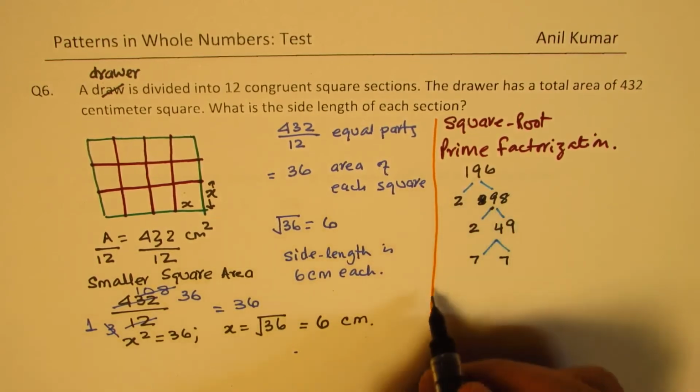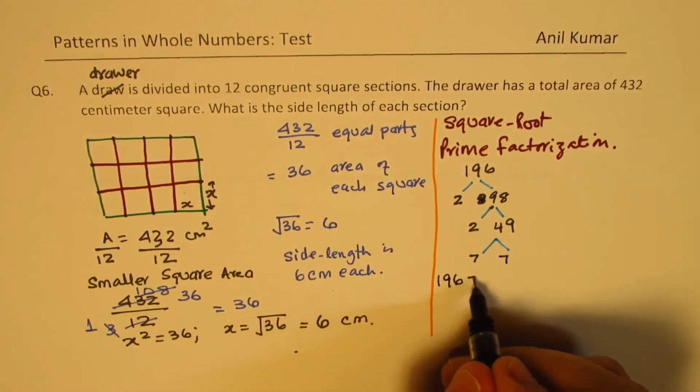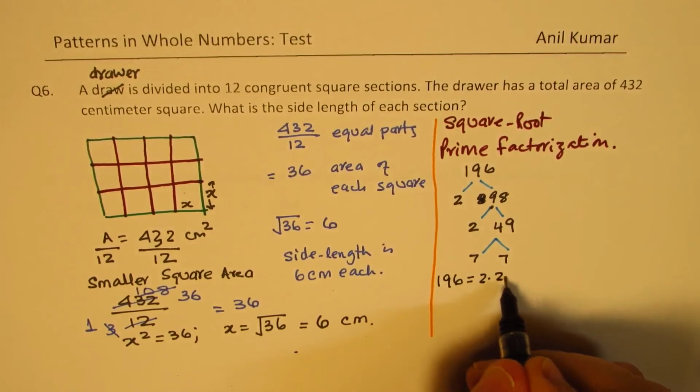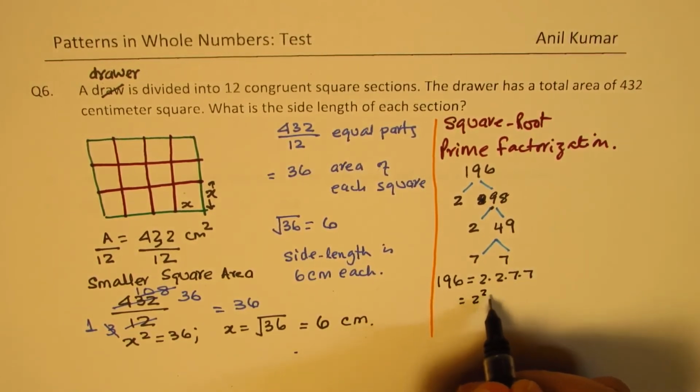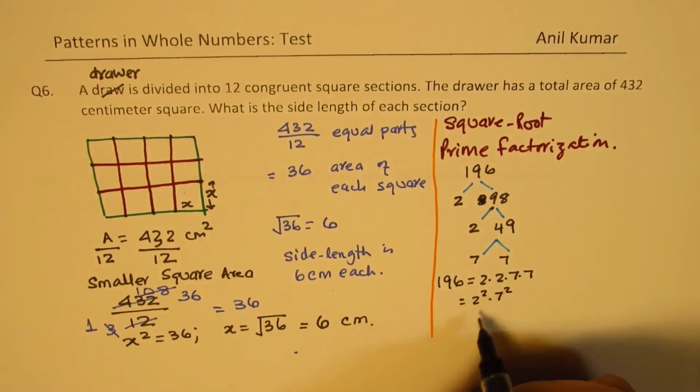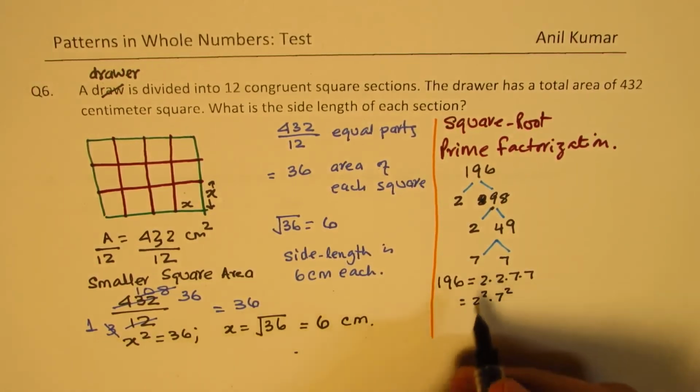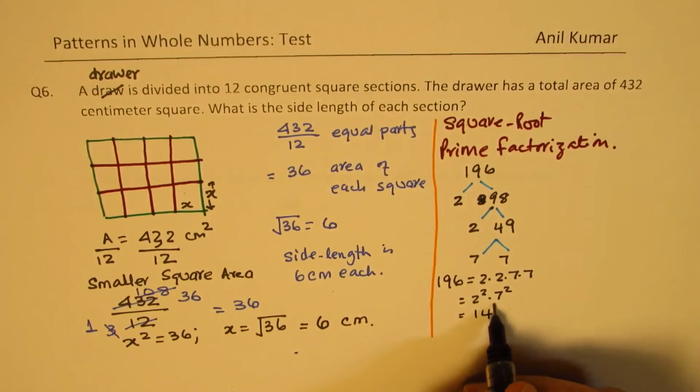So you see 196 is equal to 2 times 2 times 7 times 7, or 2 square times 7 square. Do you see that? Or you can say this as 14 square.